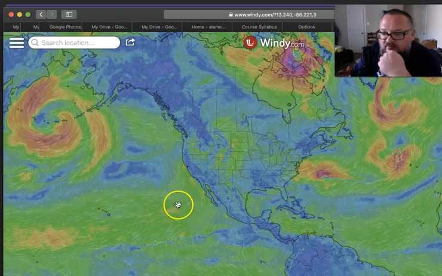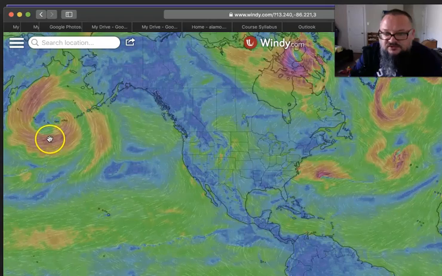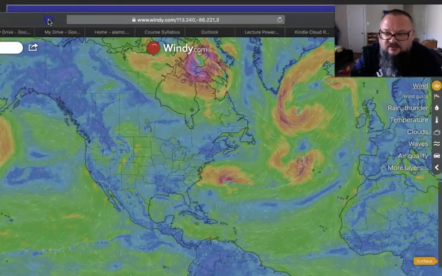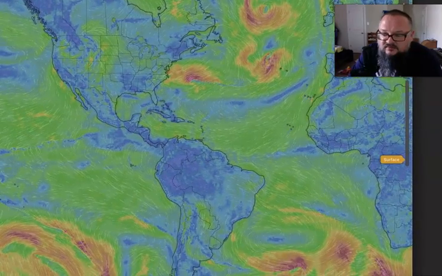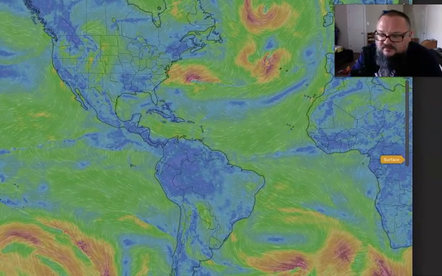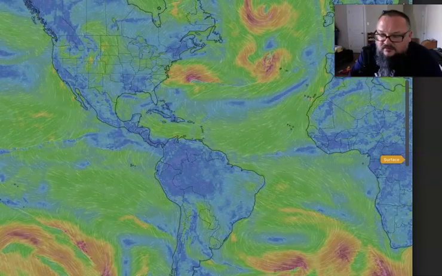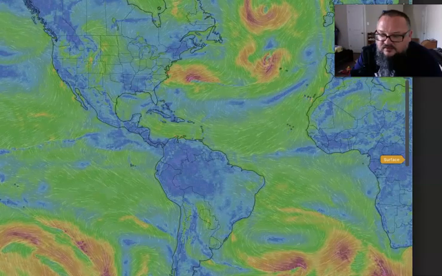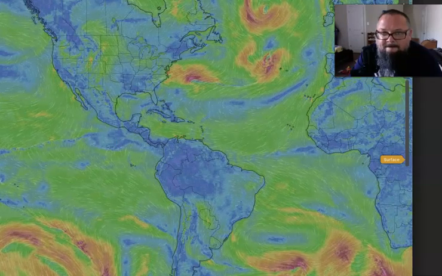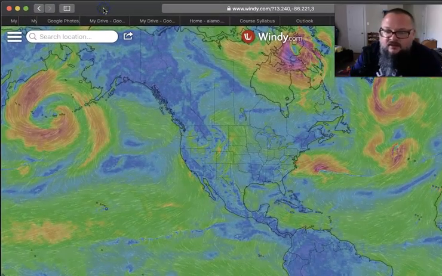Those tell us wind direction, and the colors show us, I think, wind speed. Let's see, my screen isn't big enough. Let me see if I can change it. Yeah, that's showing us wind speed.